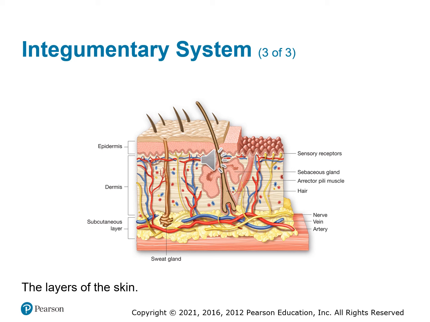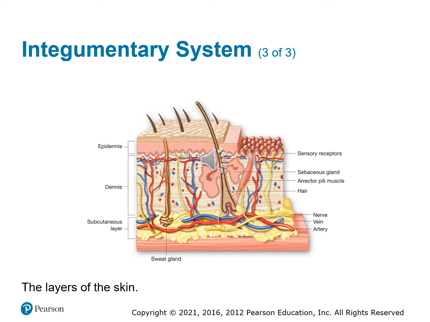Here is an illustration of those layers of the skin, where you see the epidermis, those outer layers, the dermis, again with the hair follicles and sweat glands, and then as we travel into the subcutaneous layer, you see those larger blood vessels.